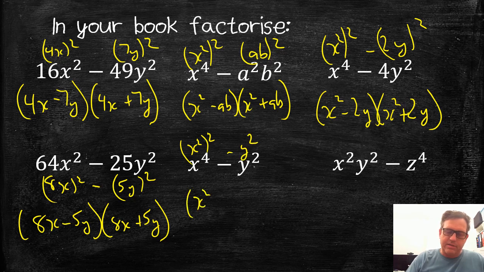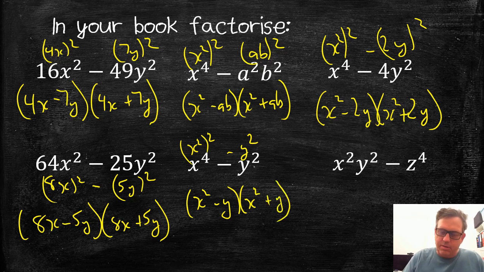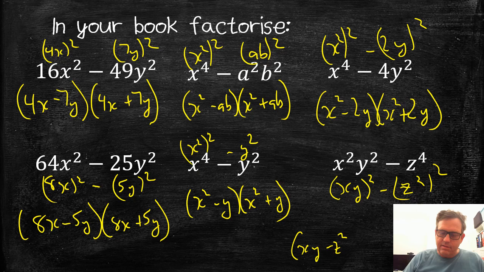So it's going to be (x squared minus y) times (x squared plus y). And the last one, this would be in brackets (xy) squared minus (z squared) squared. So if I factorize that, I'm going to get (xy minus z squared) times (xy plus z squared).